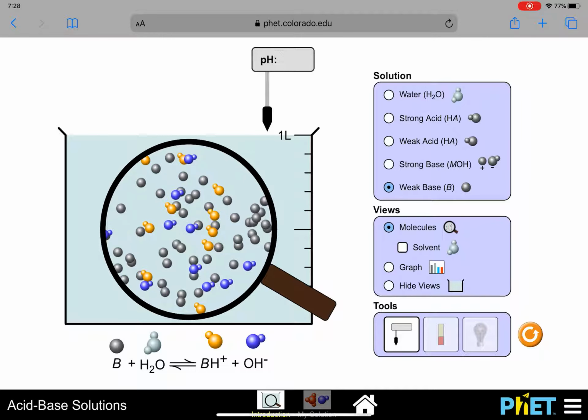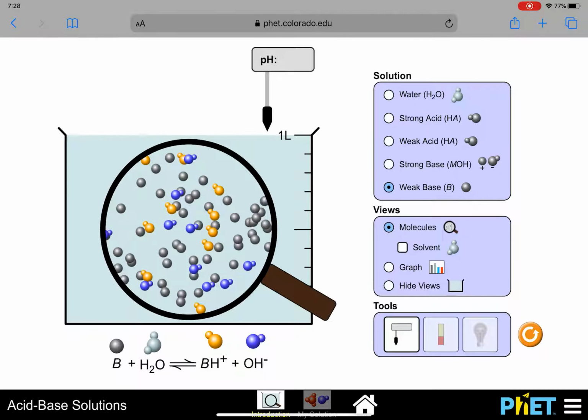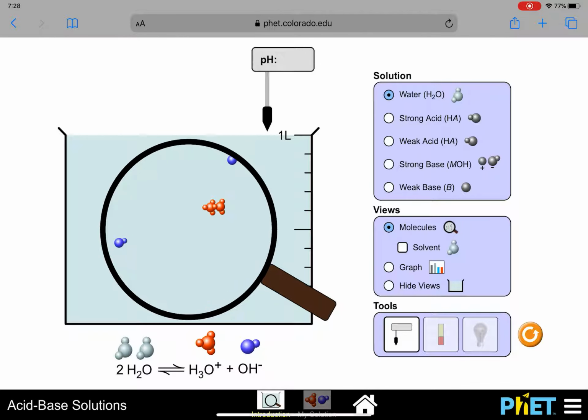We can also look at it in terms of a graph. We can look at different types of acids and bases and how concentrated they are in the solution, and we can just hide it. Also, if we look at the toolbox on the bottom, we can look at the pH. You can grab and hold this and put it in the solution.